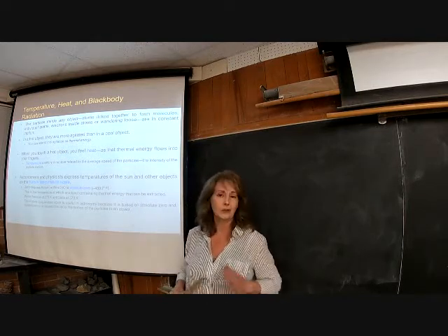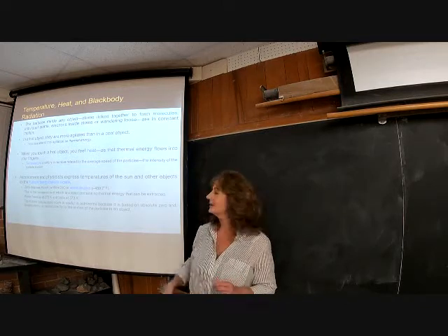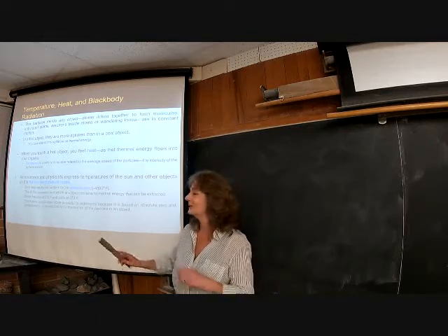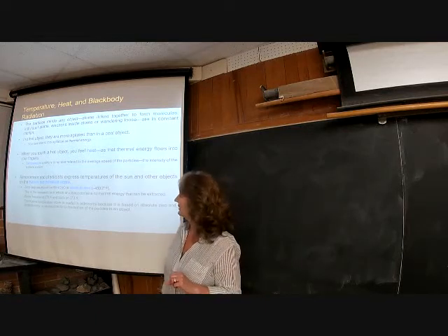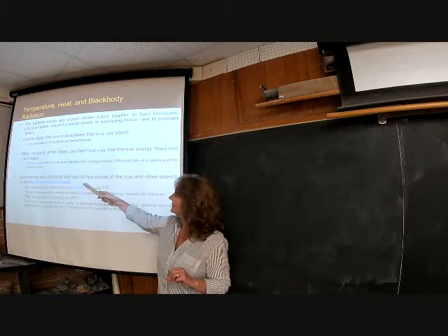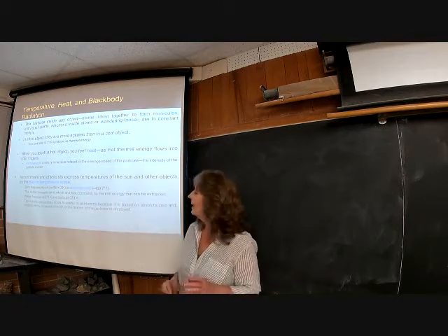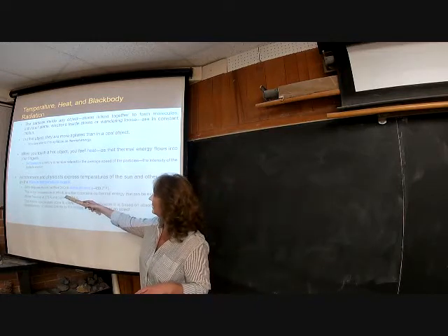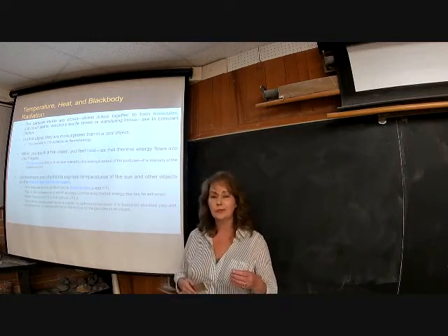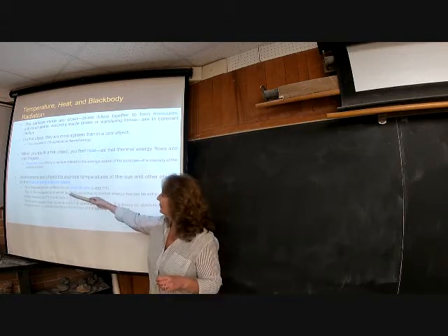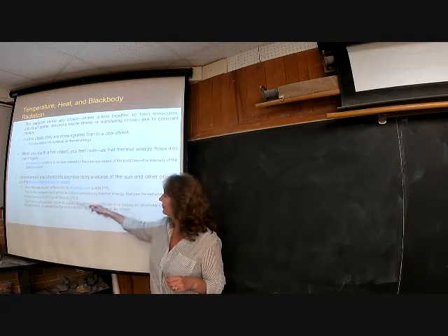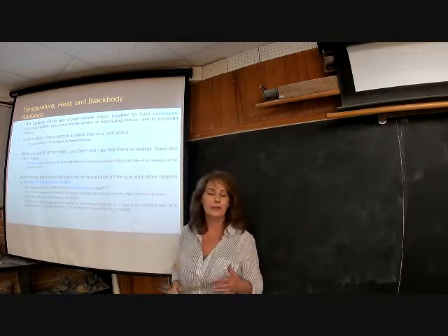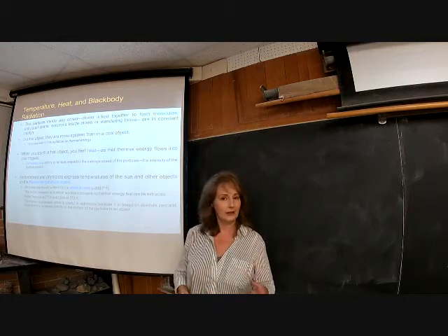So the particle motion, kinetic energy, the speed, that's temperature, versus heat, the transfer of that energy. So astronomers, as you'll see, use the Kelvin temperature scale, where absolute zero is written as 0K, and if we were looking at that in Fahrenheit, that would be minus 459.7 Fahrenheit.